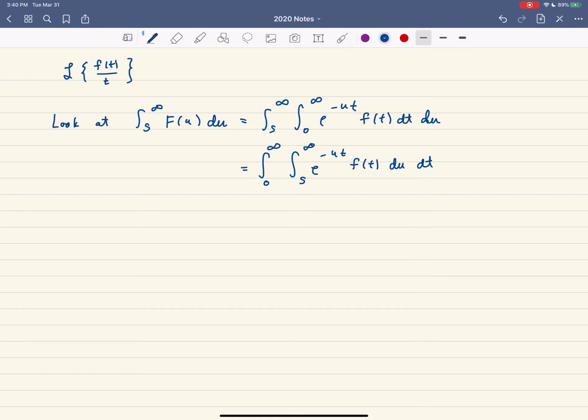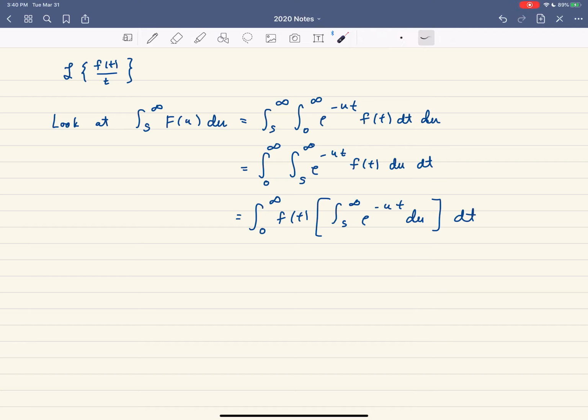The next thing that I want to do is rewrite this. Notice that this integral is with respect to u, so I can bring this f of t out, because f of t is a constant with respect to u. So this is the integral from 0 to infinity, f of t times the rest, which is the integral from s to infinity, e to the negative ut du, times dt.